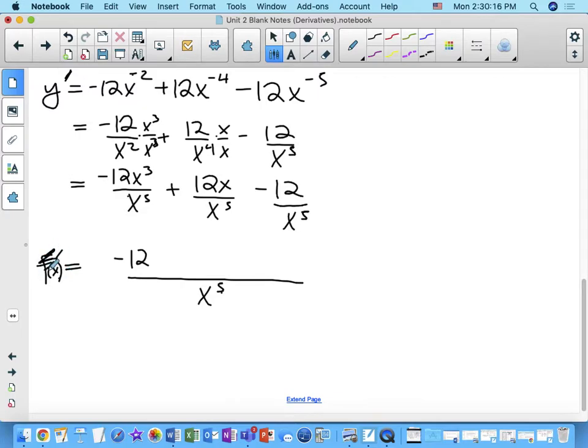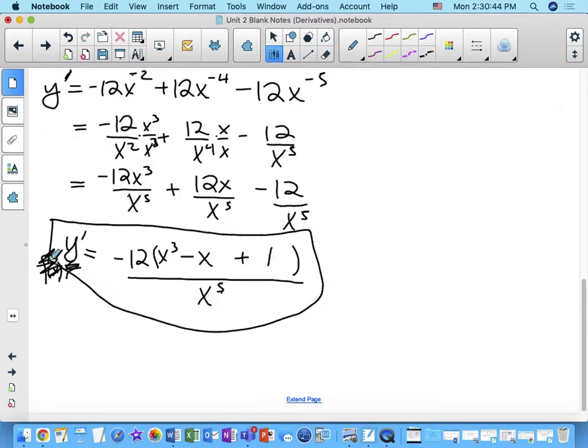Oh, this was y prime, that's the notation we were using. Sometimes I lose track. And then what we'll have in the numerator is x cubed. And you guys remember when the first term is negative, you factor the negative sign out as well? Yeah, okay, good. So x cubed minus x plus 1. Okay, so that's y prime, using the power rule.